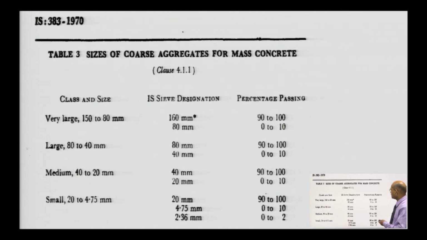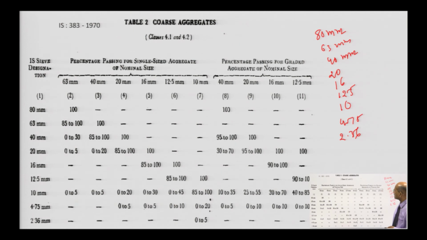Similarly, considering the coarse aggregate, this is for single size. Say you want a maximum size of aggregate of 63 mm or 40 mm. If you have a single size of aggregate, this is the range you have to consider here. Okay.